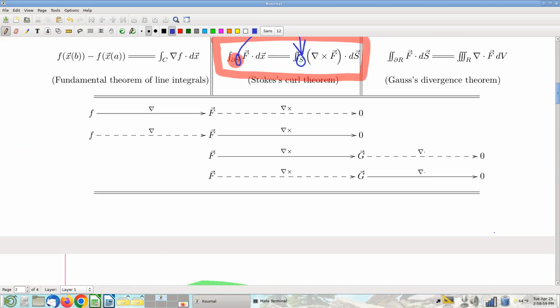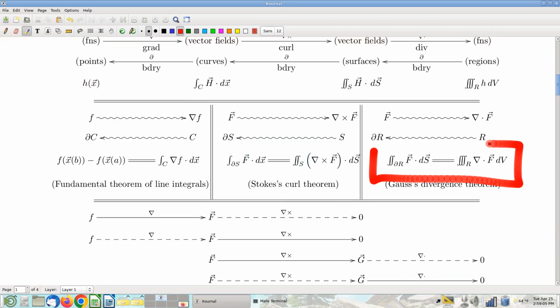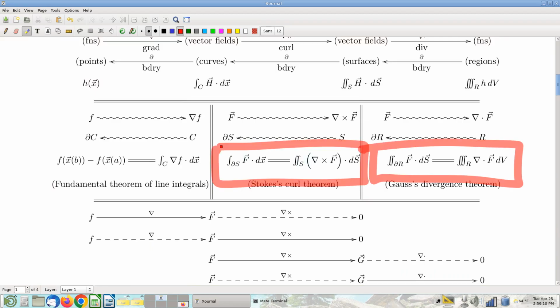Okay, so what we're seeing here is the great importance of making sure that if you want to apply one of these theorems, that is, if you want to apply it moving to the right, if you want to turn a lower dimensional integral into a higher dimensional integral, you'd better make sure that your domain is actually a boundary. Otherwise, it's not something that you can work with.